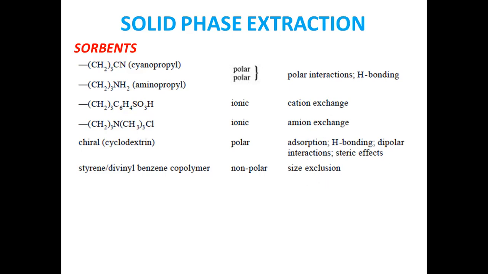Whichever solute has a larger size is going to be excluded, and the solutes which have a lesser size are going to stay over this copolymer for a longer time. Therefore, the separation sequence we can quote. So this styrene divinyl benzene copolymer sorbent is non-polar, and if we use it, only the size exclusion principle we can expect.